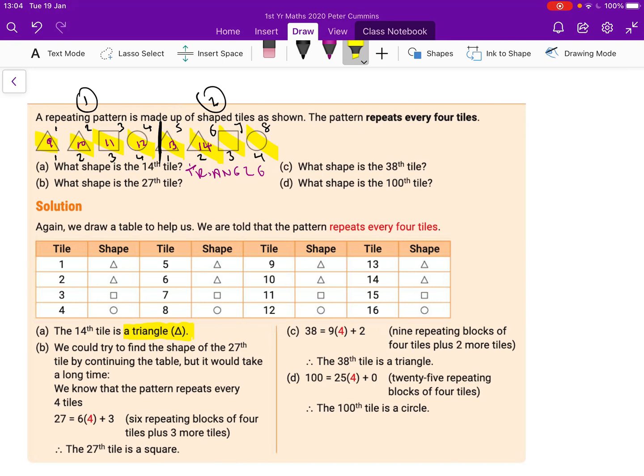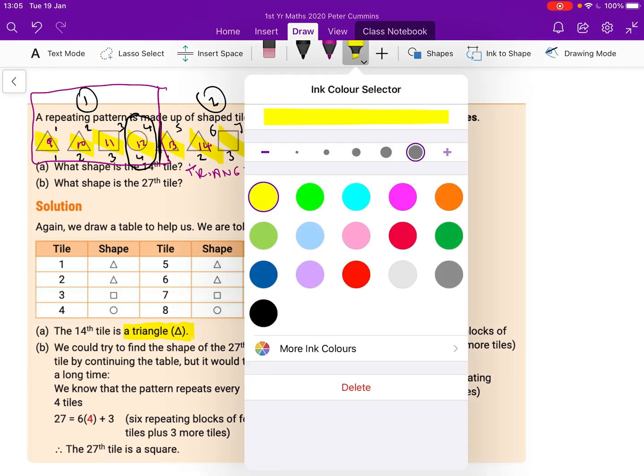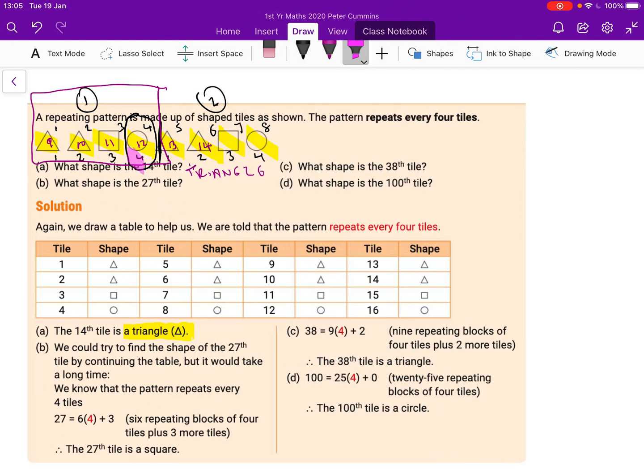What we do know is that this pattern repeats itself every 4 tiles. So if we take this one here, this is tile 4, which is a circle. And tile 4, being the circle, is also going to be tile 8, 16, 20, 24, 28. So every 4th tile is going to be a circle.